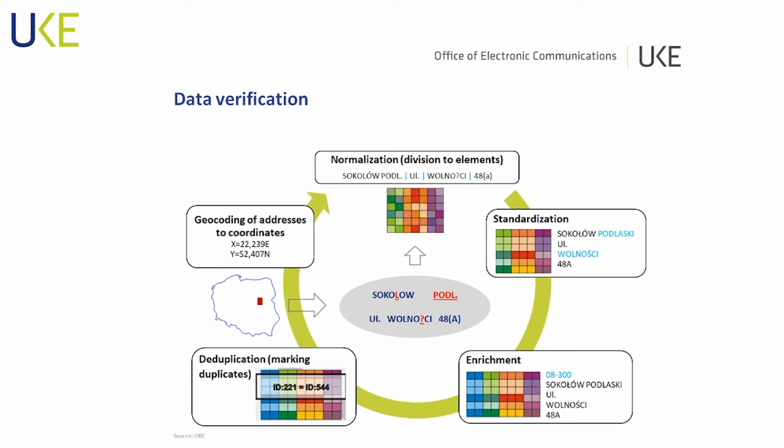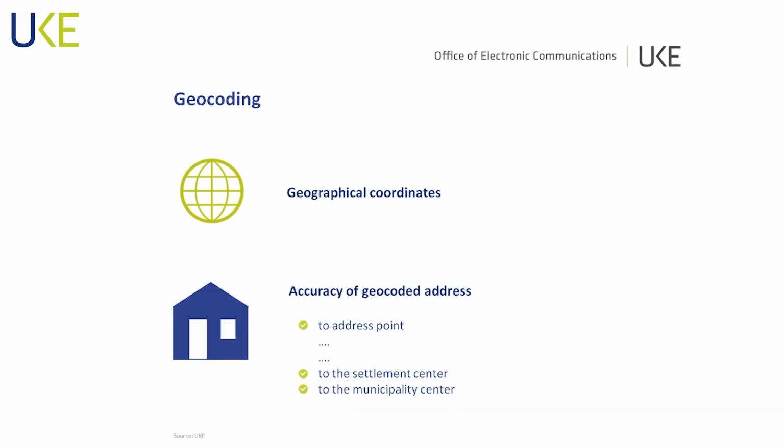The full address base is shared with stakeholders at the beginning of inventory so they can compare our base with their own. In addition to standardization, the address data obtained in the inventory process is geocoded.